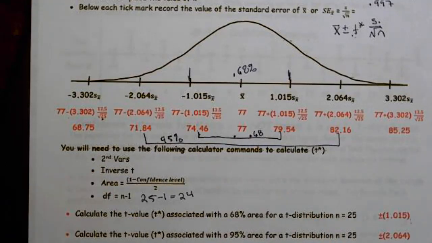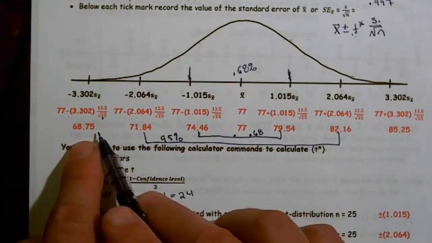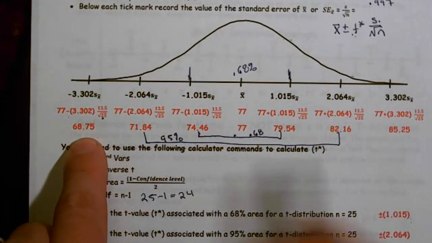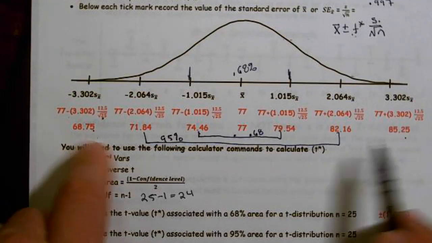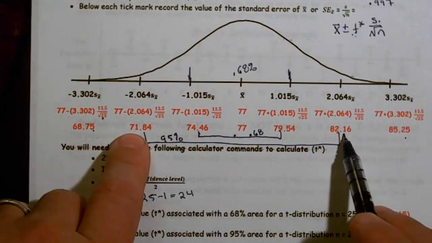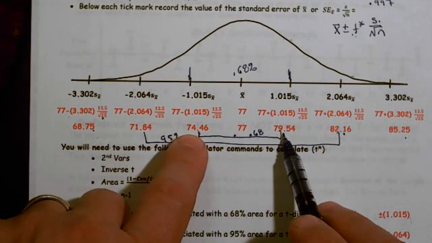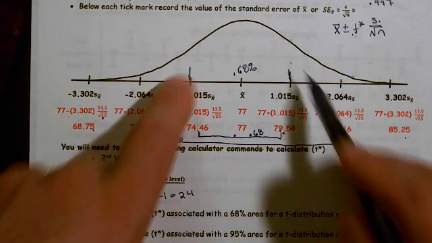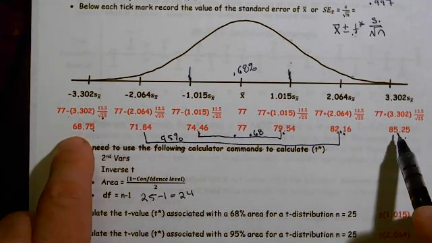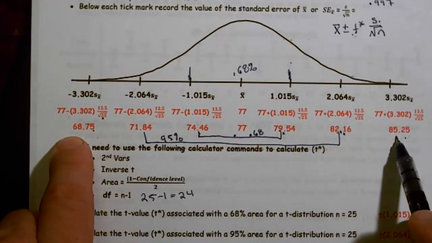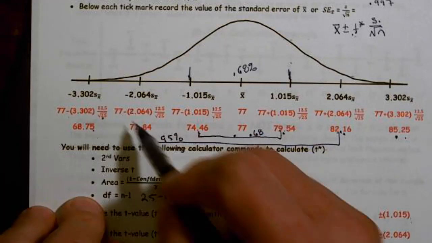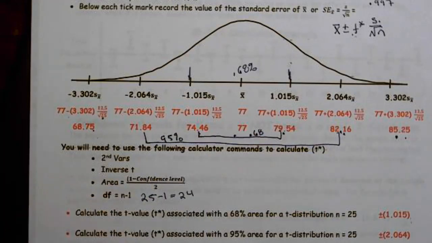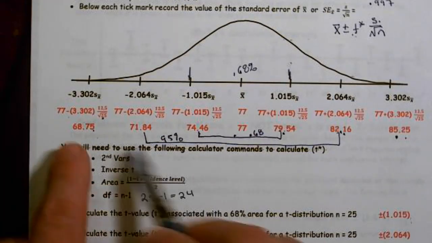So I end up getting a lower bound for 99.7% of about, if I calculated this out, 68.75 to 85.25. 71.84 to 82.16, and 74.46 to 79.54 would be, this is 68%, this is 95%, and this is 99.7%. Well, this would be a whole lot of multiplication, and yes, this is the type of work we would need to show, but the calculator is actually very friendly on this. So let me show you how to do this on the calculator, where it'll give you our upper and lower bounds.